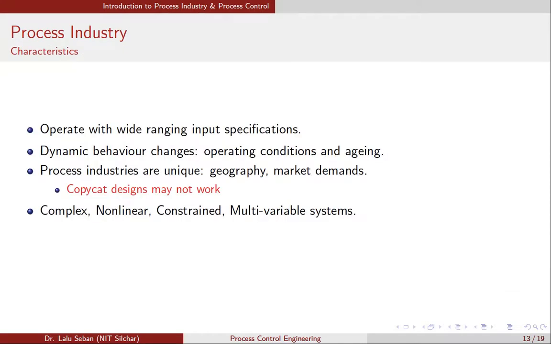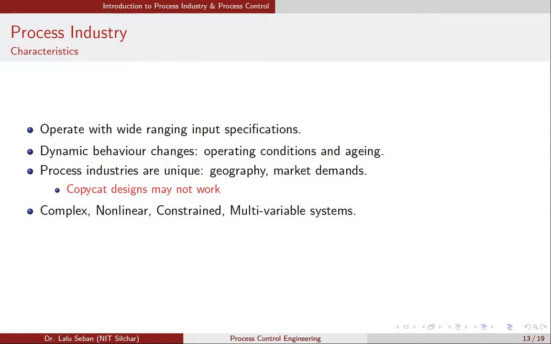Now let us look at some of the main characteristics of process industry. Here it is processing the raw materials. The raw material specifications may change with respect to time. For example, in a refinery, one of the main raw materials is the crude. The crude content may change from the sourcing well.